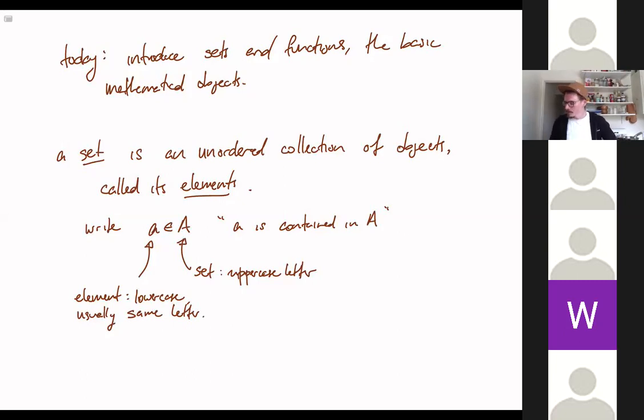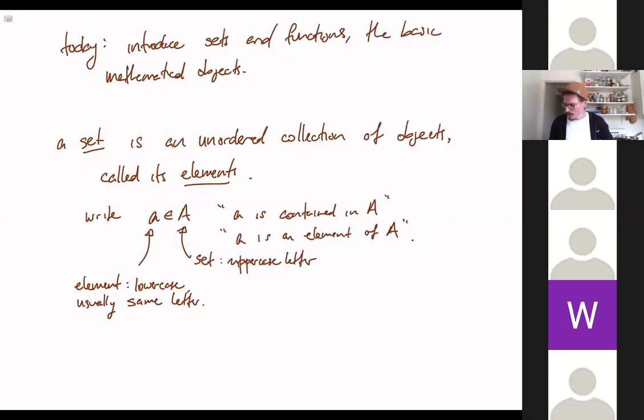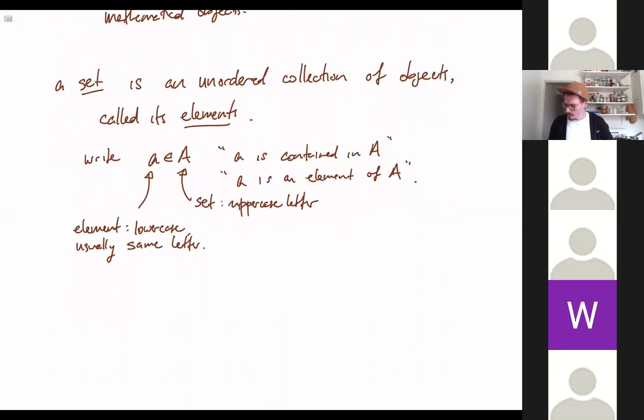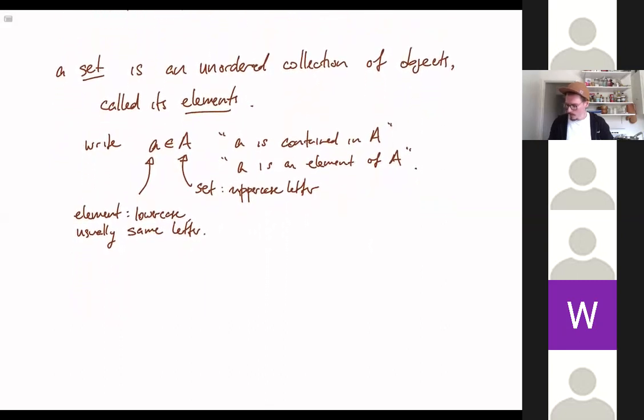And these kinds of symbols you read as little a is contained in big A, or A is an element of big A, or even just little a is in big A. Well, one more quick thing.